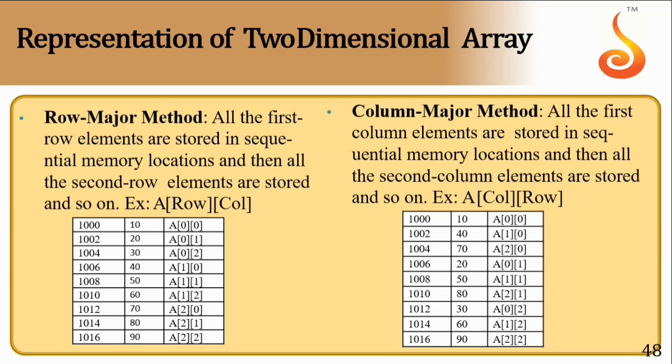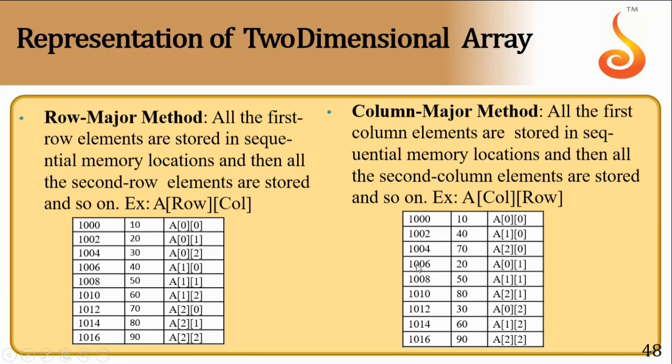Then you start with the first row: first row 0th column, first row first column, first row second column. Row by row you are going to store in the row major method. That is, the 0th row all the elements, then the first row all the elements, then the second row all the elements. It goes on that way.